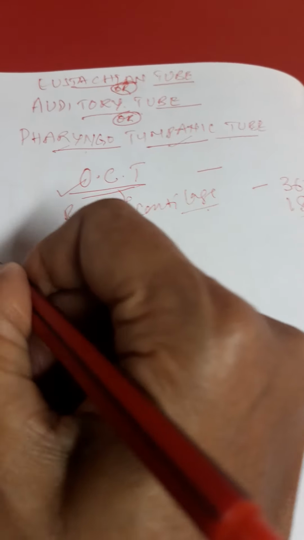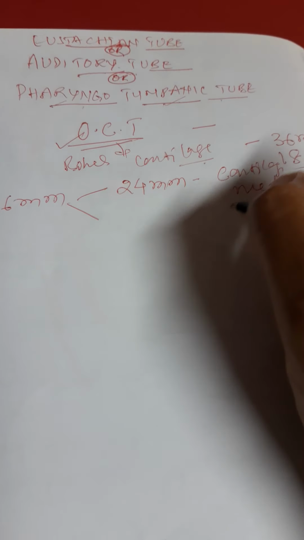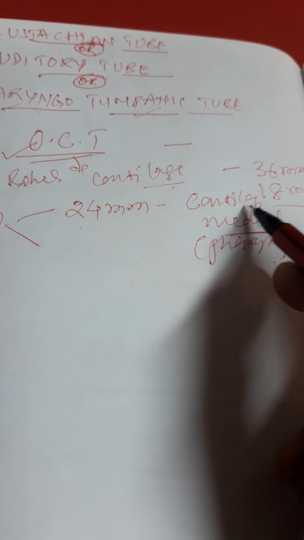Out of this 36 millimeter length in an adult, 24 millimeters will be cartilaginous and this forms the medial part of the tube. The part which is nearer to the pharynx, I can call the pharyngeal portion, and it is made of cartilage.